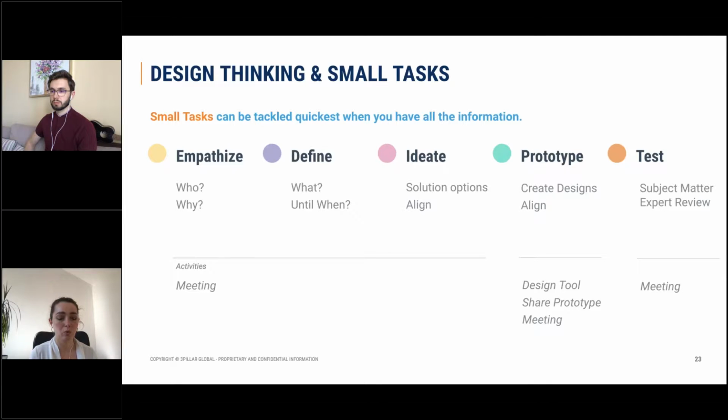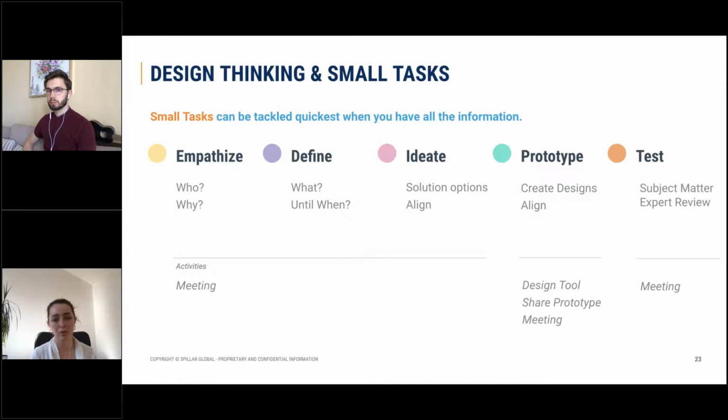We see that we could apply multiple steps from the design thinking mindset even into just 1 or 2 meetings. We could have a meeting with the main stakeholders or the decision makers and go through empathize, define, and ideate by asking questions like, who are we doing this for, why, what, and until when exactly.